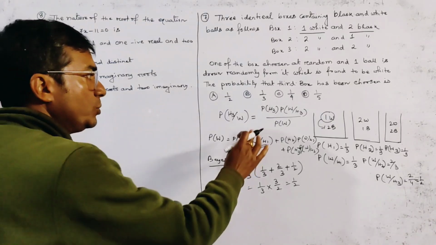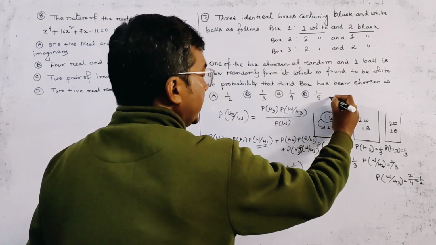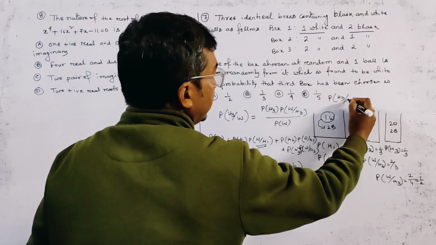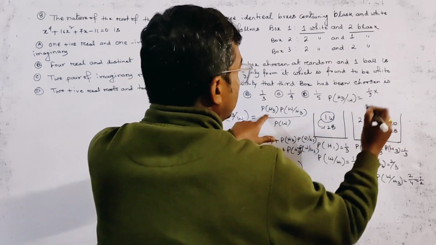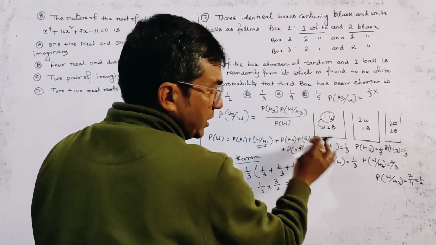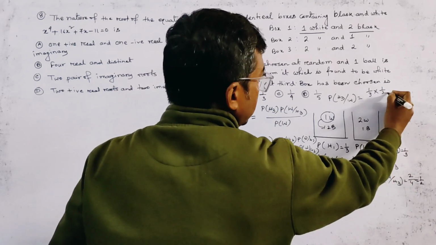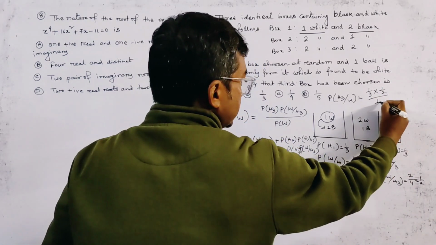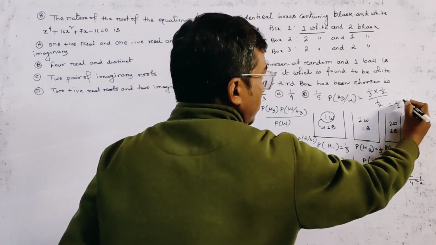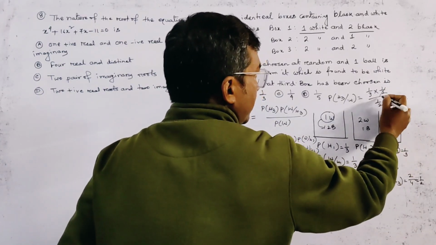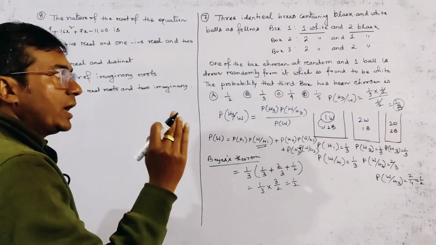Okay, now we put the value here, we get P of H3 given W is 1/3 into P of W given H3, which is half, by the lower portion already found out here, half. So our required probability is 1/3. Half cancels out, 1/3 is our answer.